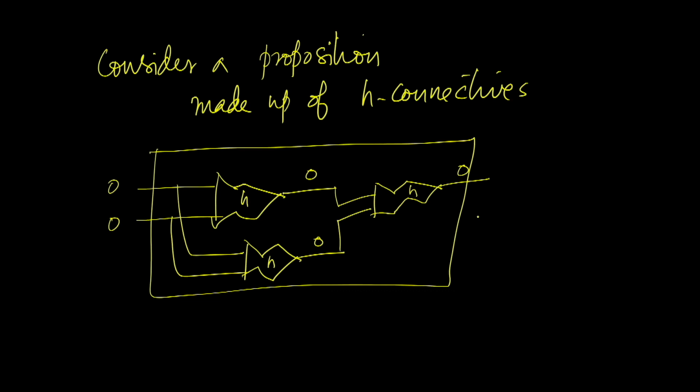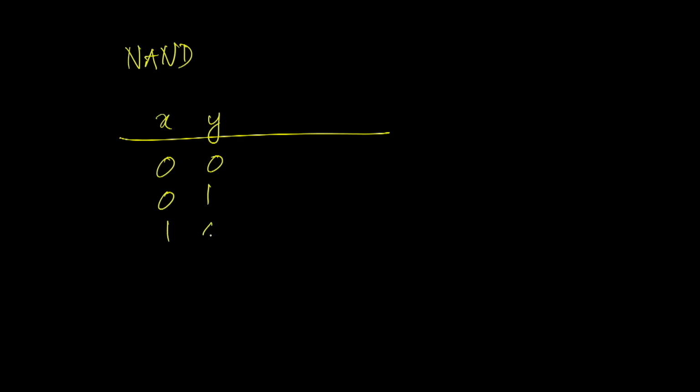But every Boolean function is not of this form. In particular, the truth table of the NAND function is like this. In particular, this entry is 1.